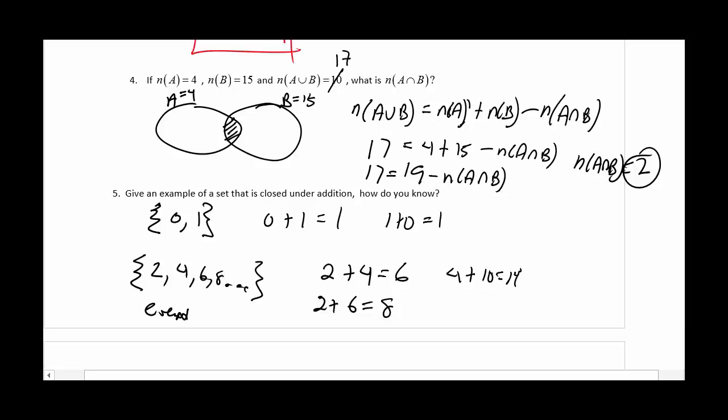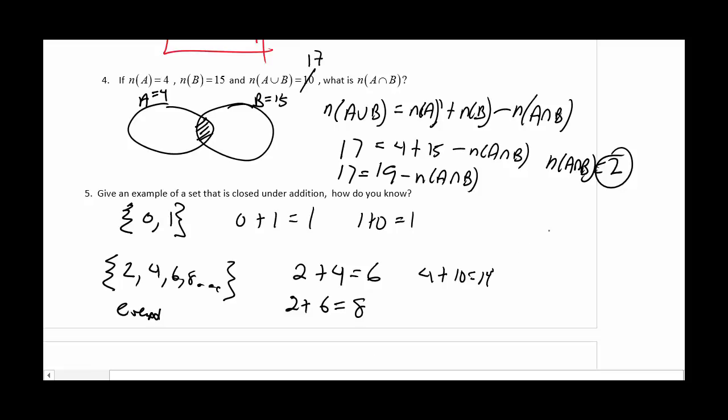So how do I know that it's closed? It's because, in both cases, these sets are closed because the sum of any 2 elements of the sets that I pick is in the set. Okay, let me write that out.